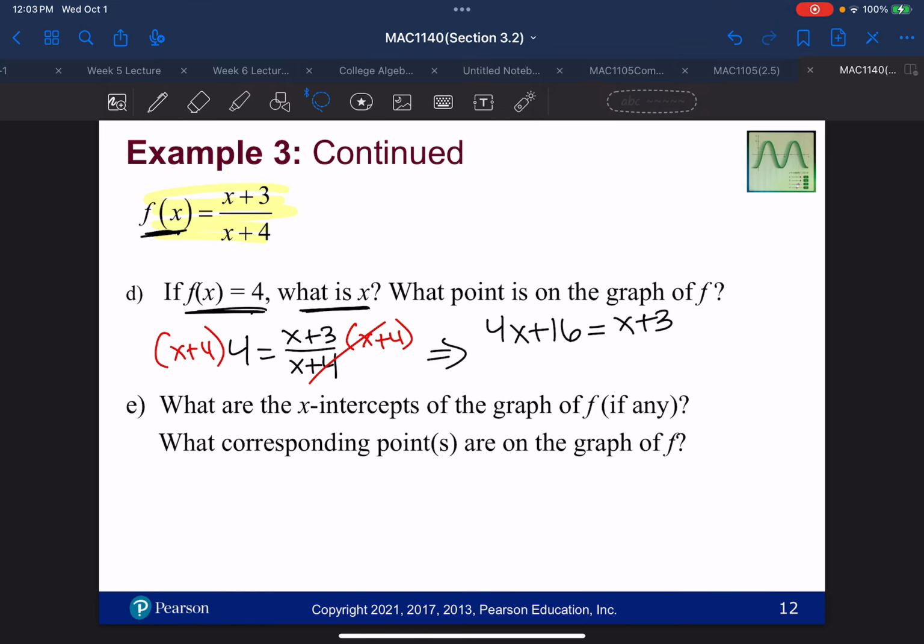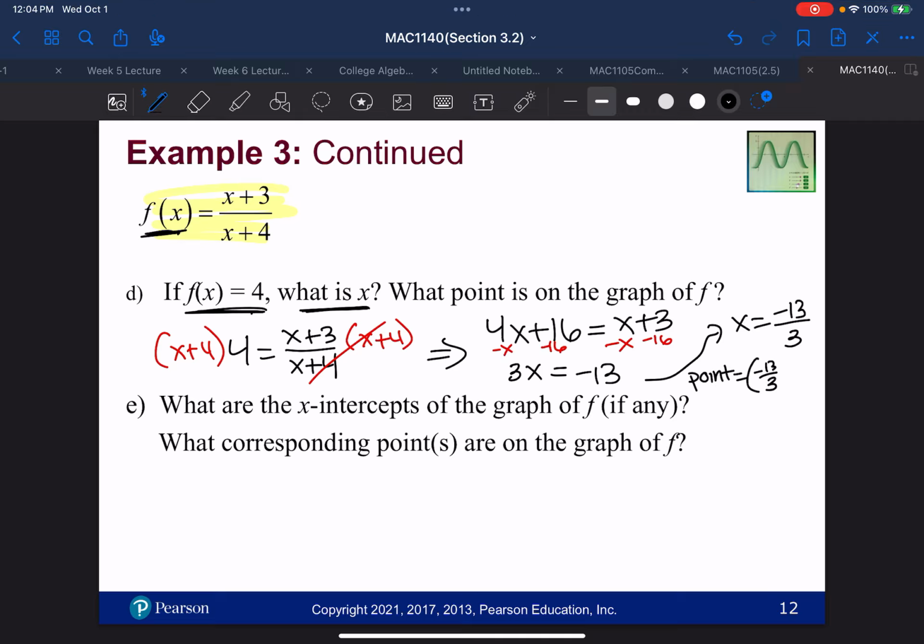Let me move this up a little bit. And so I'll subtract x from both sides to get 3x, and then I'll subtract 16. And then divide by 3, so x is equal to negative 13 over 3. And that point would be (-13/3, 4), since we plugged 4 in for y, and then we got an answer for x.